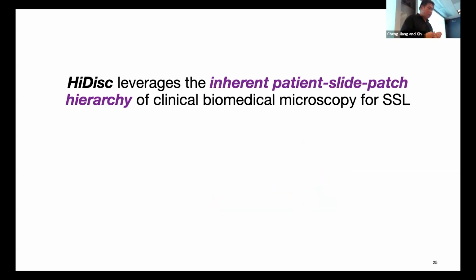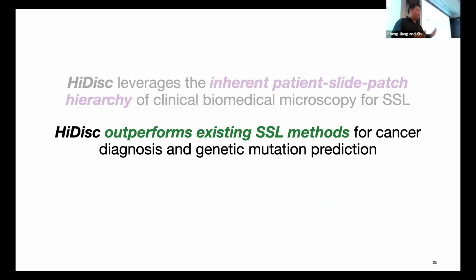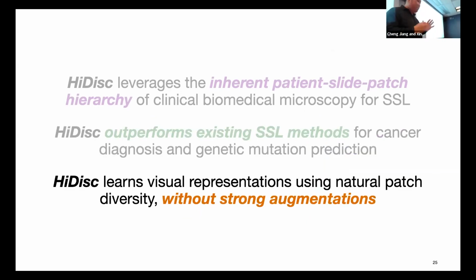To summarize our contributions in HiDisk, HiDisk is here to leverage the inherent patient, slide, and patch hierarchy for biomedical microscopy representation learning. HiDisk outperforms all the previous self-supervised methods for cancer diagnosis and molecular mutation prediction. And HiDisk learns very good representations for our patches, even without using the strong augmentations that are required by all the prior works.